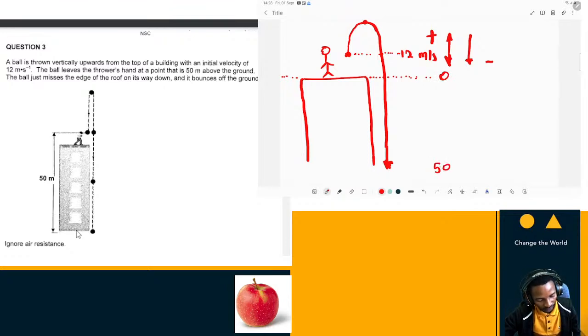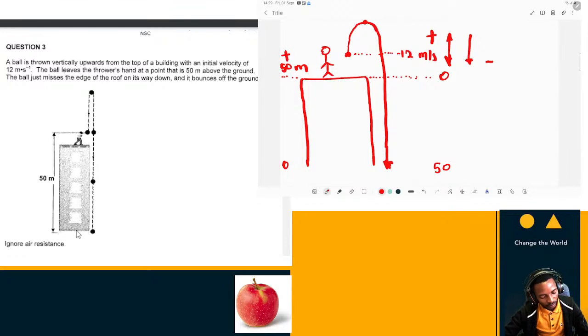This will be our 50 meters. So again we have a 0 and we have 50 meters. So we said the upward direction is positive. All right, so what does that mean? So it means if you are moving from this point to this point, you will be moving in the positive direction.